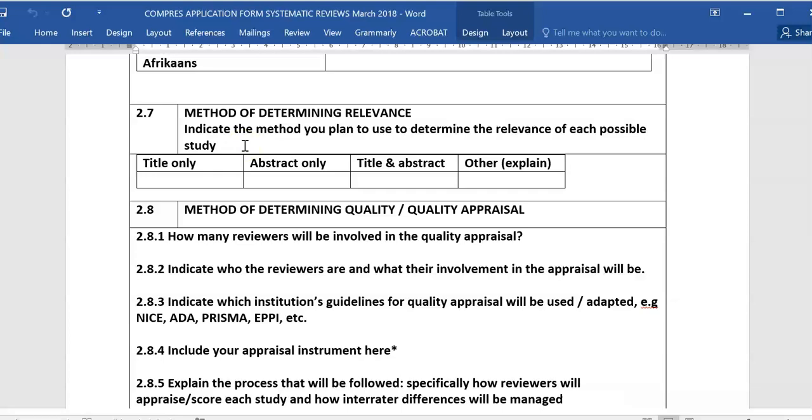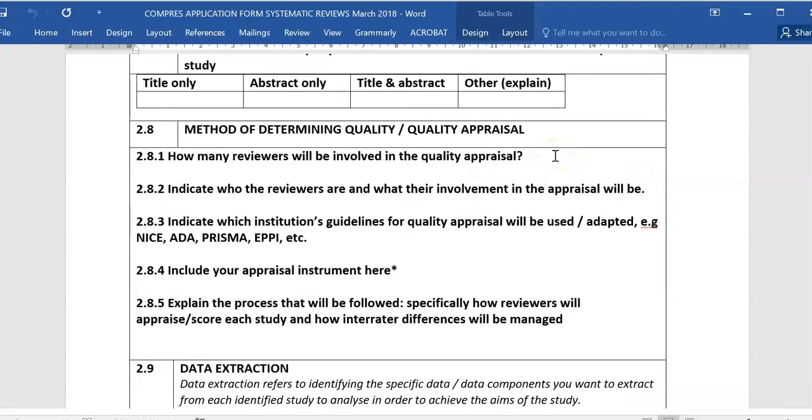It's the same thing. It's just what will be the criteria for determining whether an article is relevant or not. Will you only look at the title? Will you look only at the abstract, or title and abstract, or will you use some other form of evaluating whether articles fit or don't fit the sample?